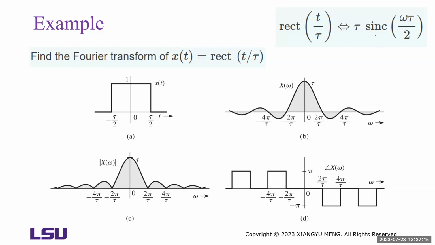We also know for the sinc function, the function value is 0 whenever omega tau over 2 is equal to positive and negative n pi.